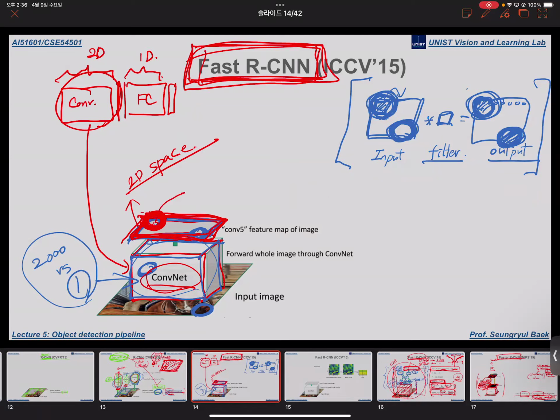So these regions are encoding the information about the top left regions of the original image, and in the feature map the right bottom positions are encoding those regions of the original image.